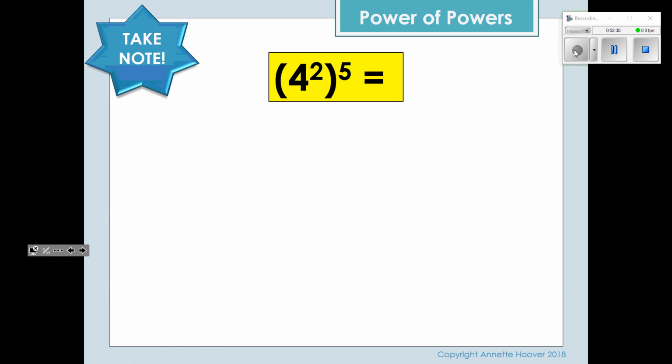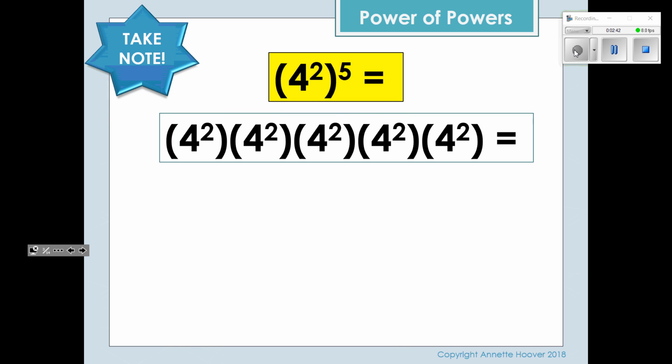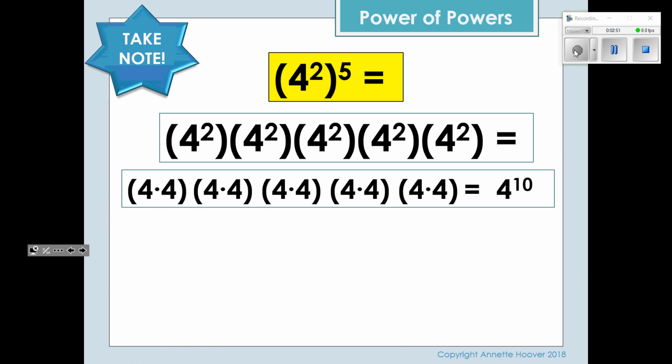When you have 4 squared raised to the 5th power, what you really have is 4 squared times 4 squared times 4 squared times 4 squared times 4 squared. Well, what is 4 squared? 4 squared for each one is 4 times 4. So let's look and see how many times we have the factor 4 being multiplied times itself. 2, 4, 6, 8, 10.